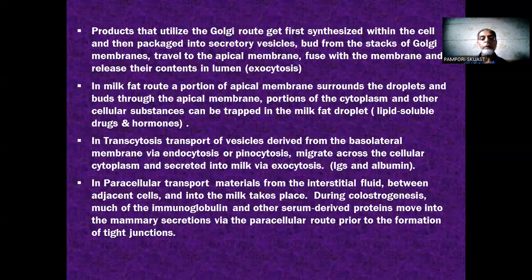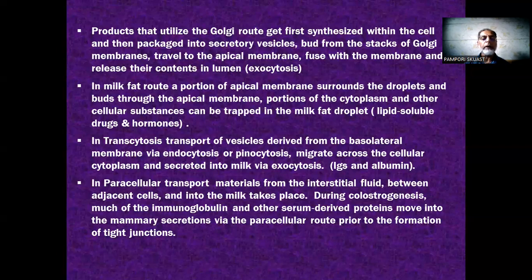Then they come into the cytoplasm of these cells as membrane-bound vesicles, and they reach the apical membrane, fuse with the membrane through exocytosis, and release the materials, the immunoglobulins and albumin, at certain stages of lactation into the milk. That's transcytosis, transport of things like immunoglobulins and albumins.